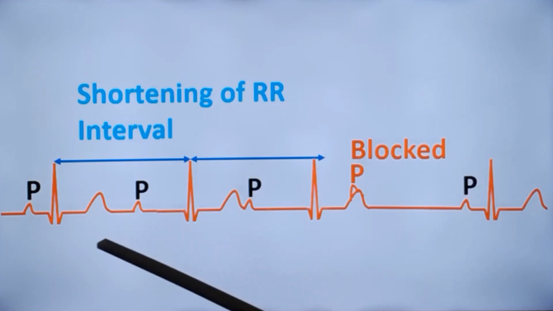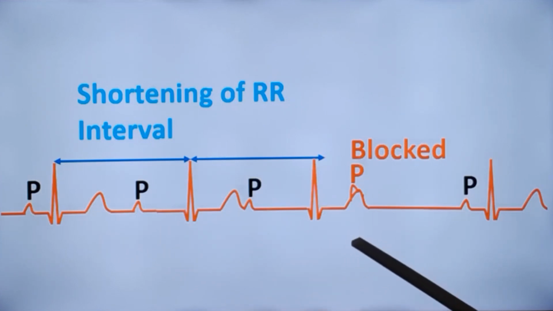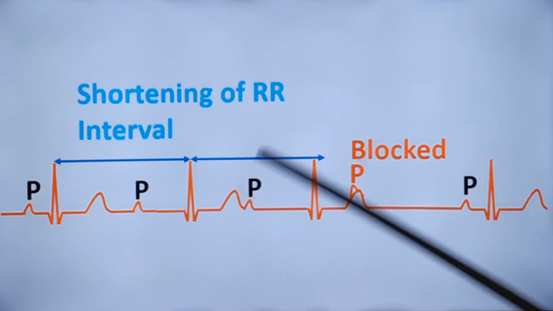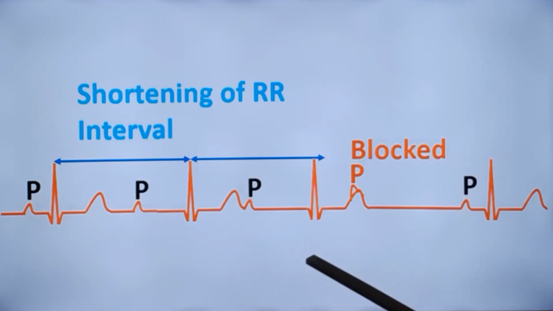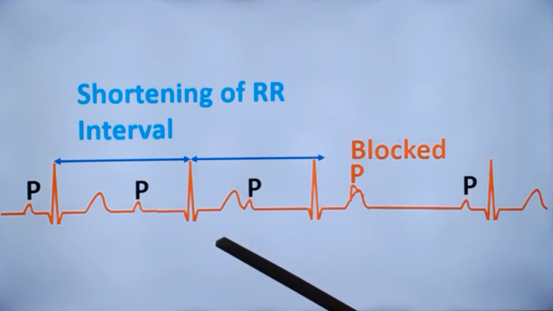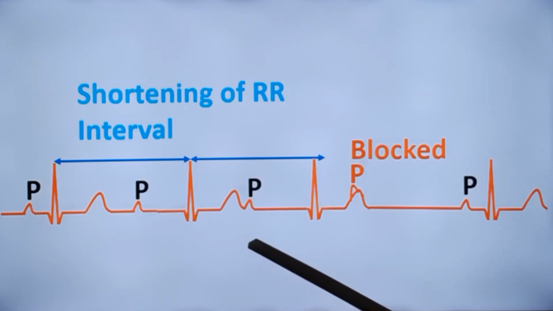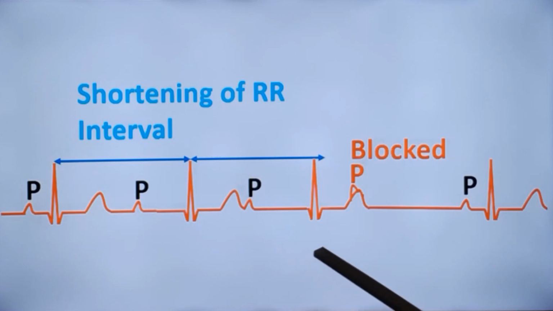I have shown only 4:3 block. There could be higher ratios of AV block. It could be 5:4. Always in Wenckebach sequence, the ratio is such that there is only a difference of 1. 5:4, 4:3, 3:2.